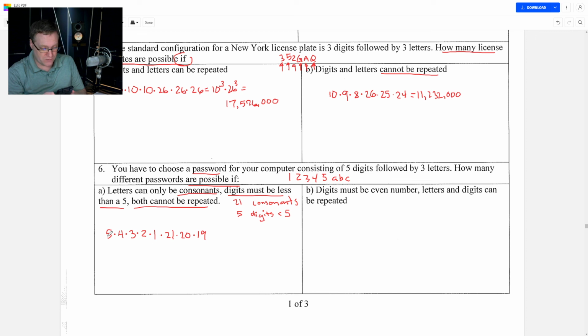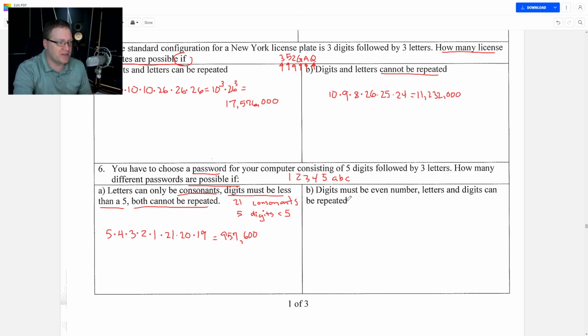And it ends up being 957,600. That's a comma, not a period. All right, so that's how many different passwords we can make.